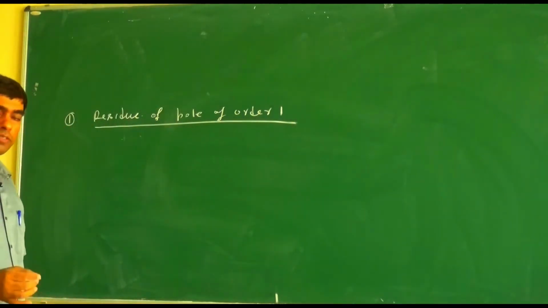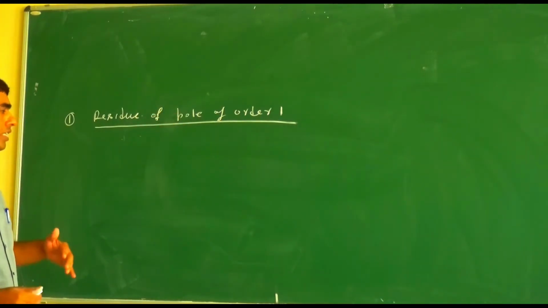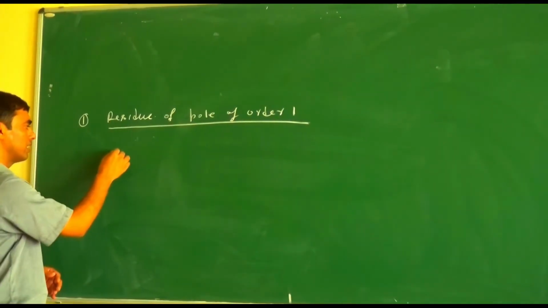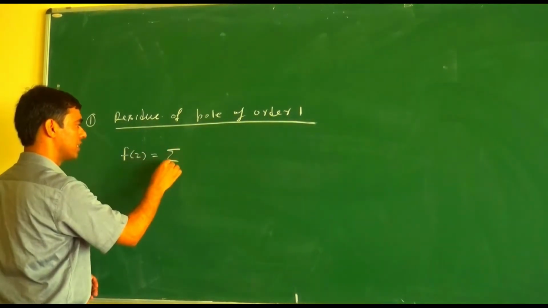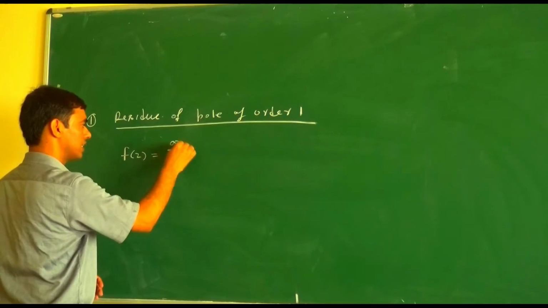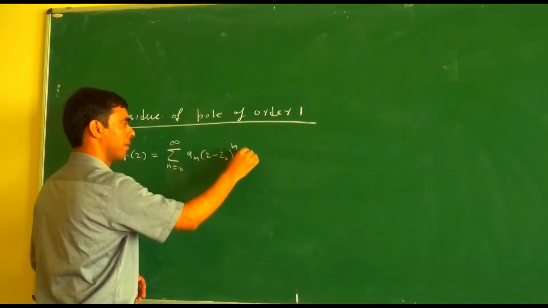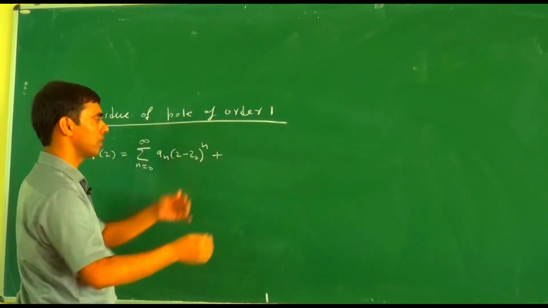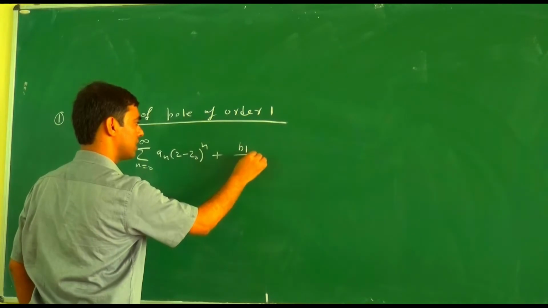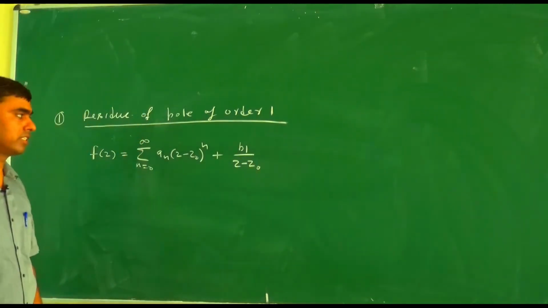As we know, a pole is an isolated singular point, so we can write the Laurent expansion f(z) equals the summation n equals 0 to infinity of an (z minus z0) to the power n plus the principal part. There is one term in the principal part, and that term is b1 divided by (z minus z0).